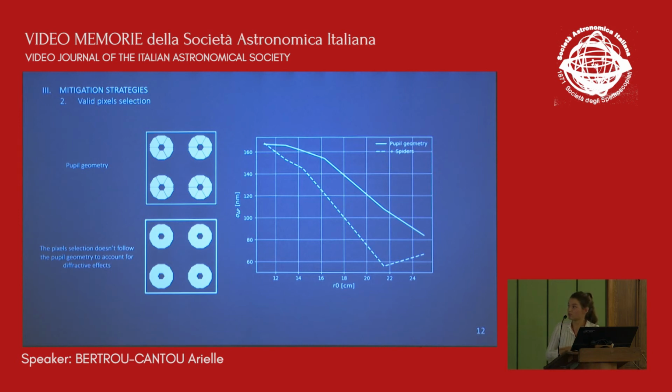So for instance, here we show that for different atmospheric conditions, from 8 to 25 centimeters of R0, using a larger number of pixels, accounting for pixels below spiders, for instance, really helps to have a better correction.